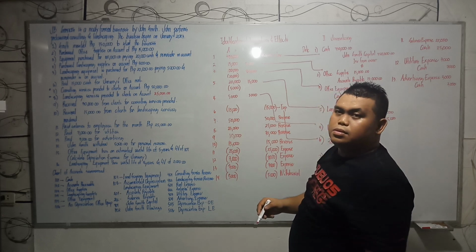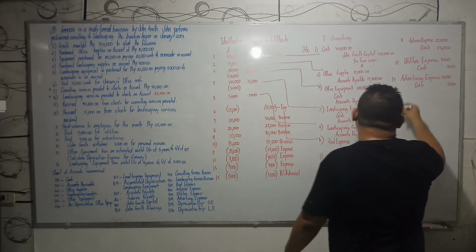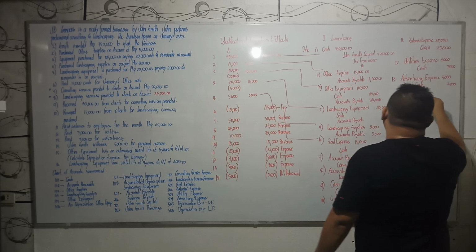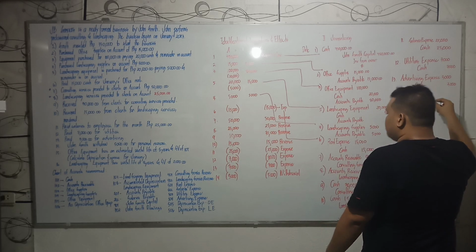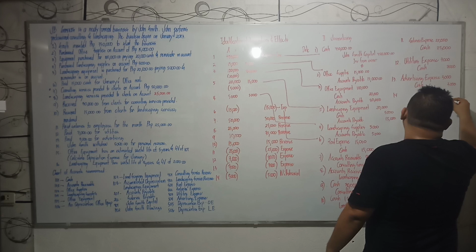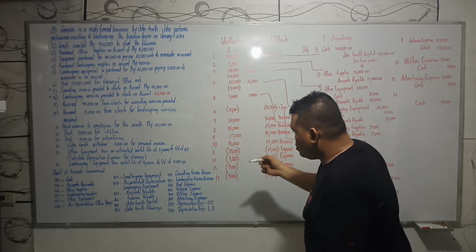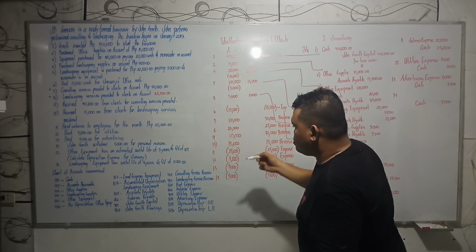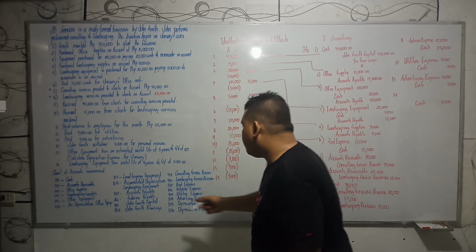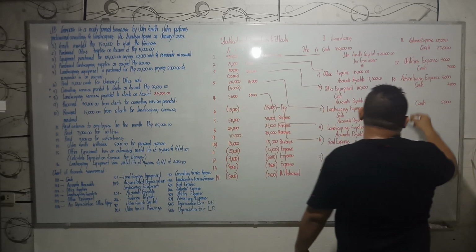Okay? So what will happen? Number 14, credit cash. How much? 5,000. And then on the chart of accounts, we have John Smith drawings.